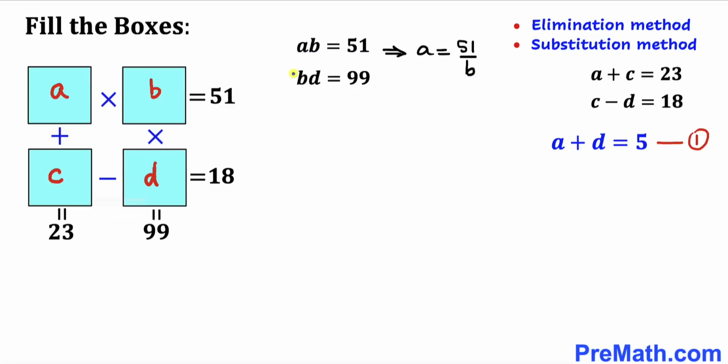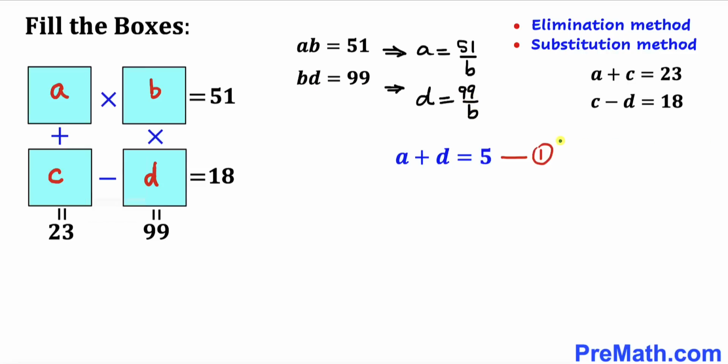Likewise, let's focus on the second equation, b times d equals 99. Let me divide both sides by b as well. This b and b are gone, so we got d equals 99 divided by b.